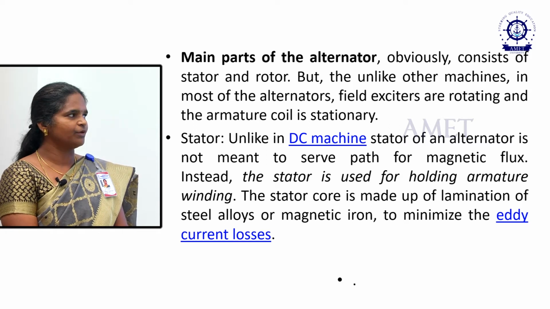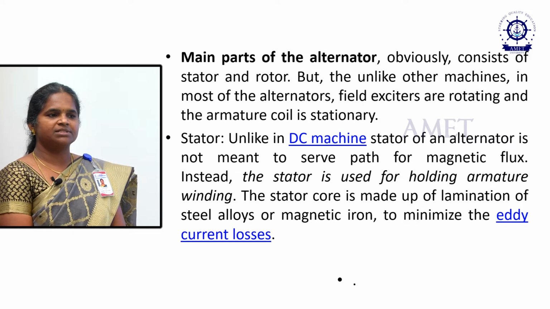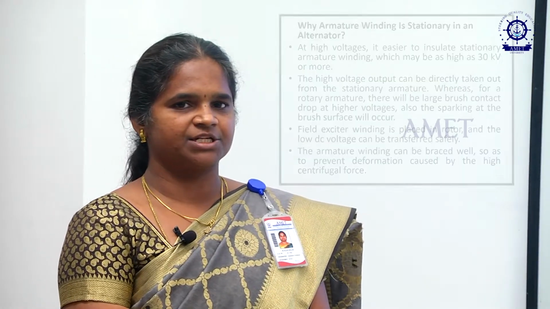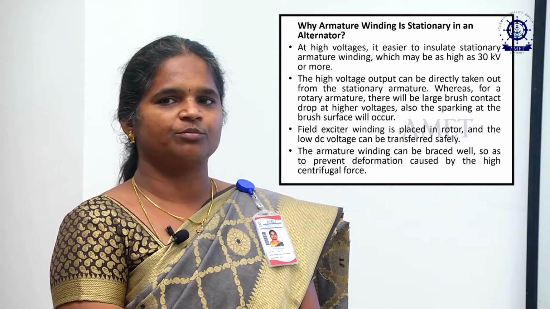Instead, the stator is used for holding the armature. So, as I mentioned, the stator has armature conductors and the rotor has field windings. The stator is stationary and the rotor is provided with the DC supply. The important difference in alternator construction is that the alternator has a stationary armature winding.